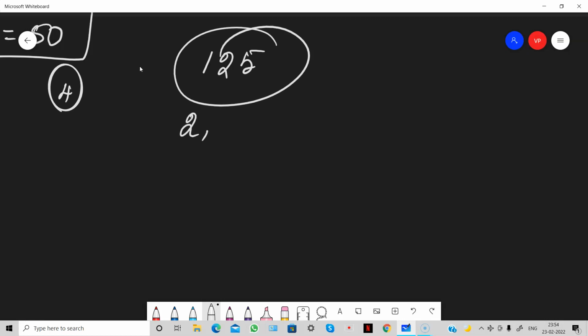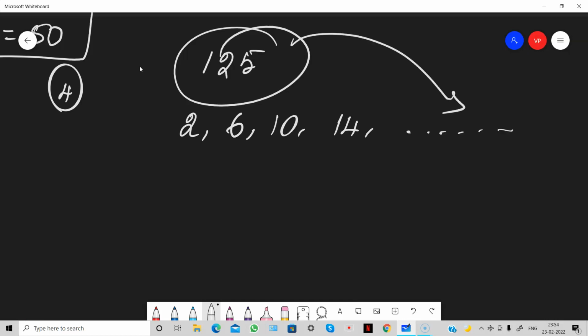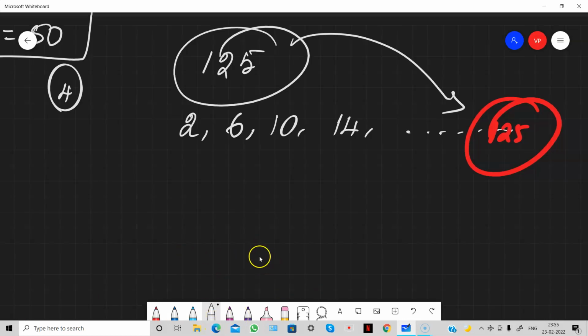What is our sequence? 2, 6, 10, 14 and so on. So they ask, is 125 a member of the sequence? If so, what is the position? So I'm going to check whether 125 is there or not.